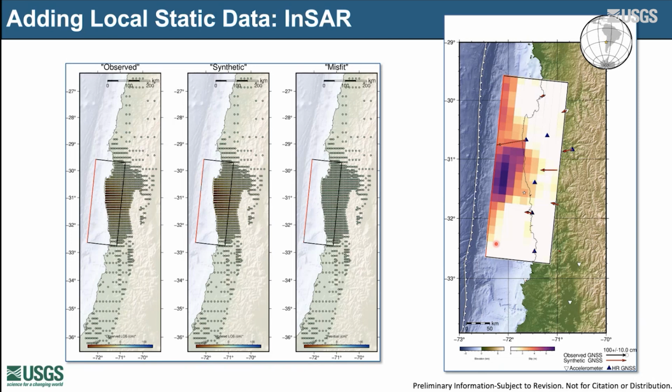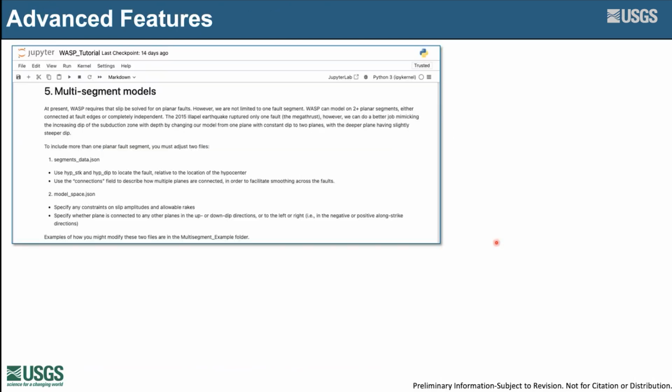I will also mention, somewhat unrelated to the EOPEL example, one of the advanced features that we include. WASP relies entirely on planar faults, which is a fair limitation of WASP for characterizing more complex ruptures.